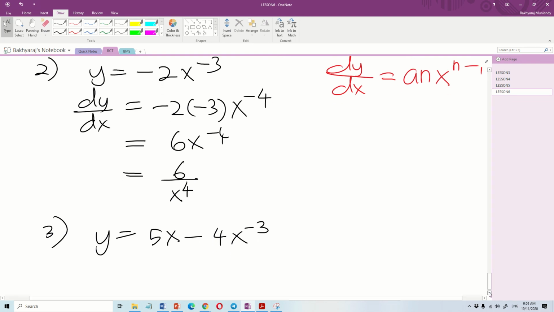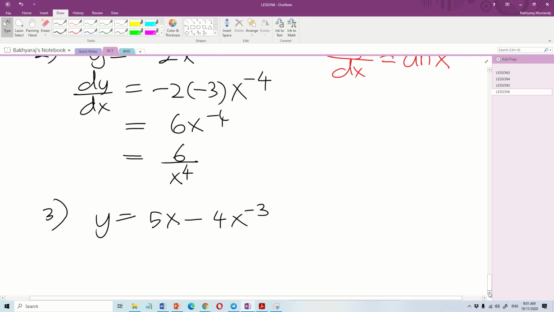Okay, siapa-siapa nak bagi jawapan dia? Last answer dy/dx sama dengan 5 plus 12 over x power of 4.